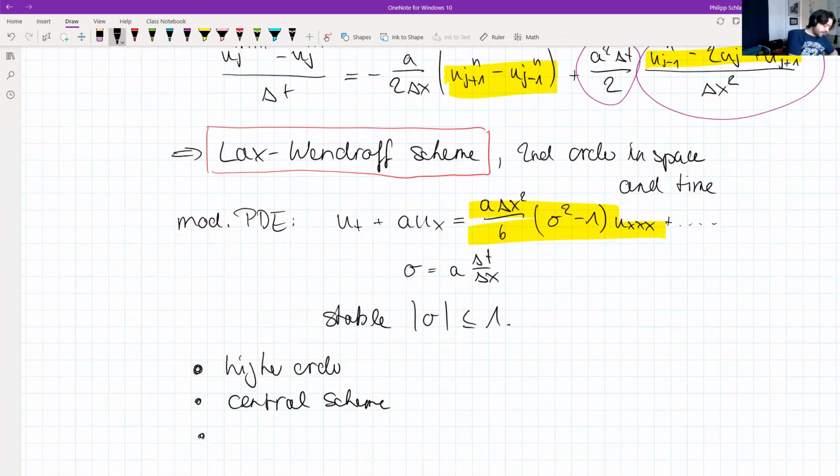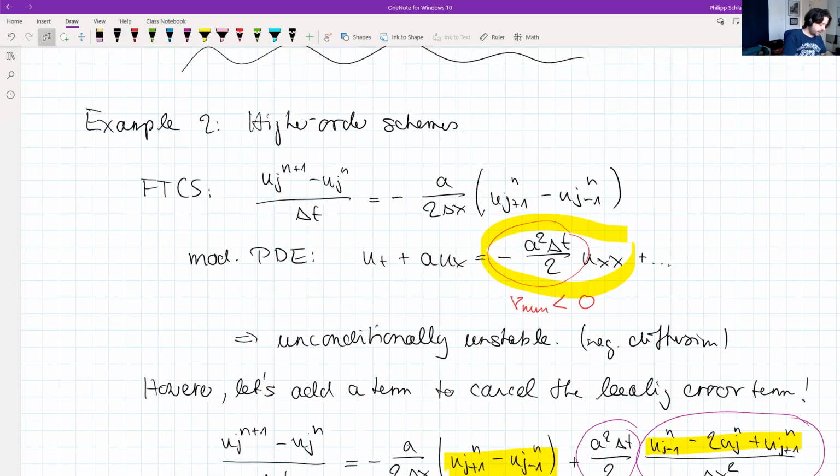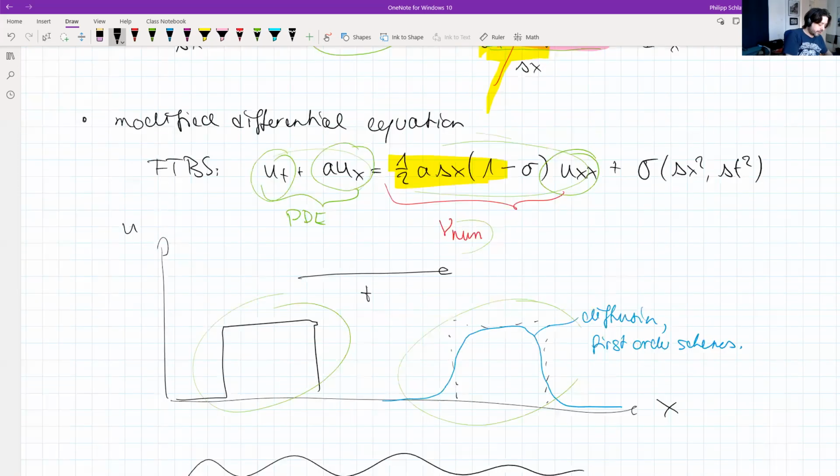Well, and then maybe the third important aspect, which will keep us busy for a bit, is the fact that now the leading error term is actually very different. If we go back to the forward time backward space scheme, we have seen that the leading error term is some numerical viscosity times a second derivative.